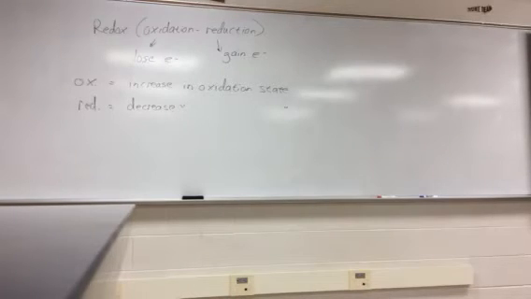Okay, so you know how when you balance equations, normally we just do it by inspection? It's kind of guess and check. You stick a coefficient in and see, hey, does that balance this out? You just try different coefficients until you come upon a combination that balances the equation.